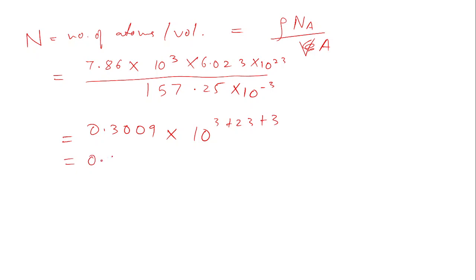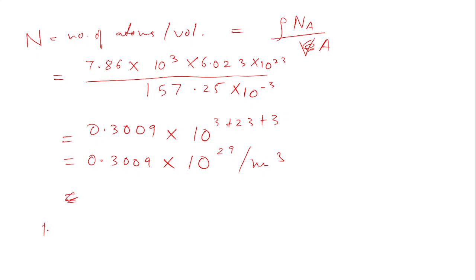So this is 0.3009 times 10 to the power 29 per meter cube, because we are calculating the number of atoms per unit volume.